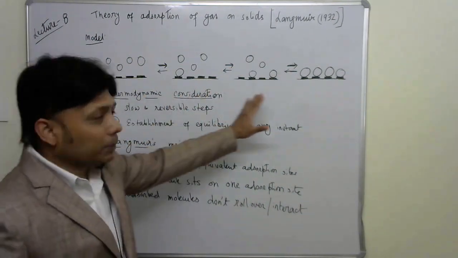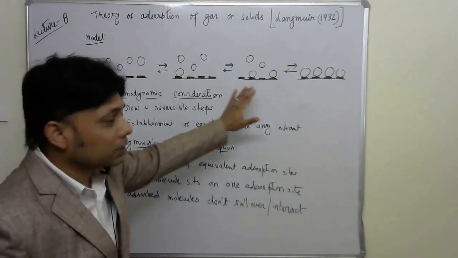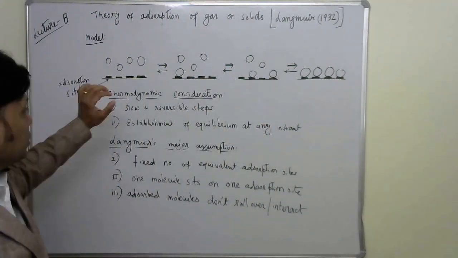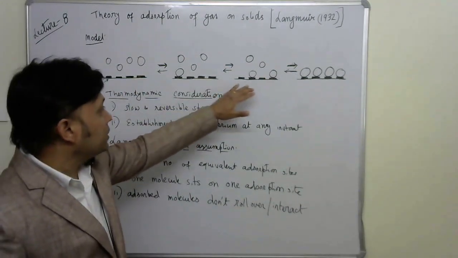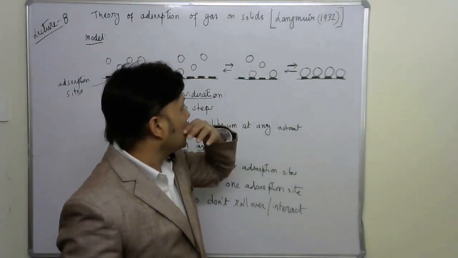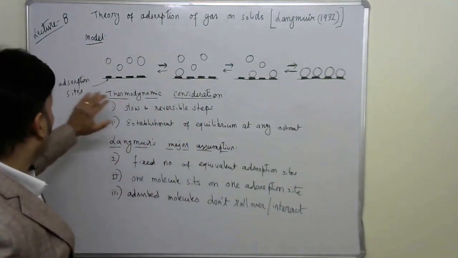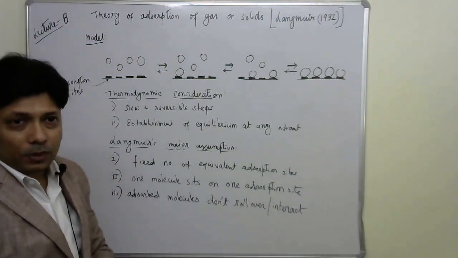I have drawn the mechanistic model here by a schematic diagram. You see, on a solid surface, I have demarcated some bold black patches. These are called adsorption sites.